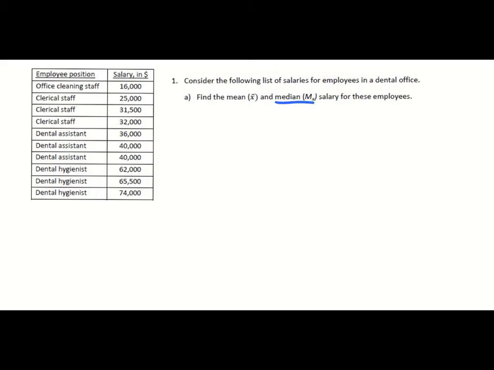For the median, we're going to do the same thing. There's 10 numbers, 1, 2, 3, 4, 5, 6, 7, 8, 9, 10. Remember, if there's an even number, it's going to be the middle one between these two right here, between the 36 and the 40.